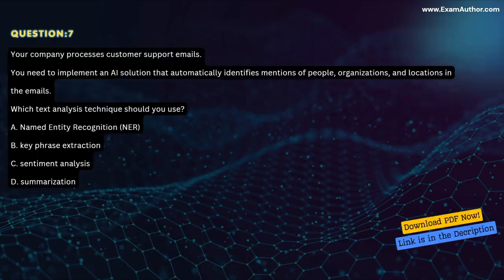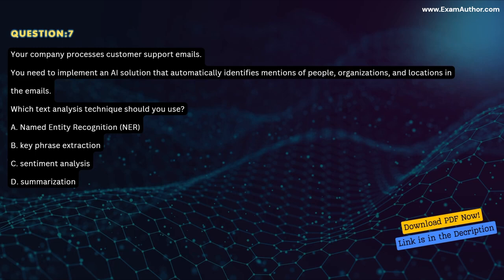Question 7. Your company processes customer support emails. You need to implement an AI solution that automatically identifies mentions of people, organizations, and locations in the emails. Which text analysis technique should you use? A. Named entity recognition (NER). B. Key phrase extraction.